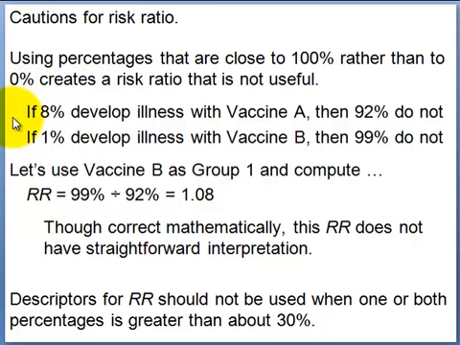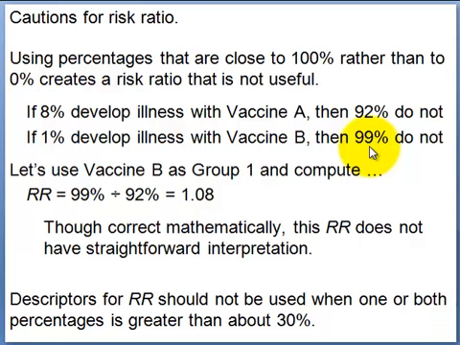Do be sure to use the percentages in your calculation that are close to 0 rather than those close to 1. For instance, if 8% develop the illness with vaccine A, then you know that 92% do not, since 100% minus 8% is 92%. And similarly, for vaccine B, 99% did not develop the illness.